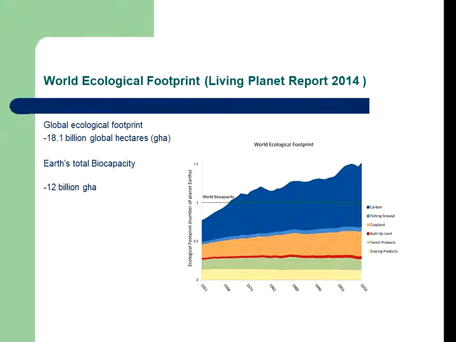This means that people needed 18 billion hectares of productive land in order to provide each and every person with the resources they require to support their lifestyle and to absorb the waste they produce. The bad news is that there were only 12 billion global hectares available. This means that in 2010 people used about 50% more natural resources than the planet could regenerate.